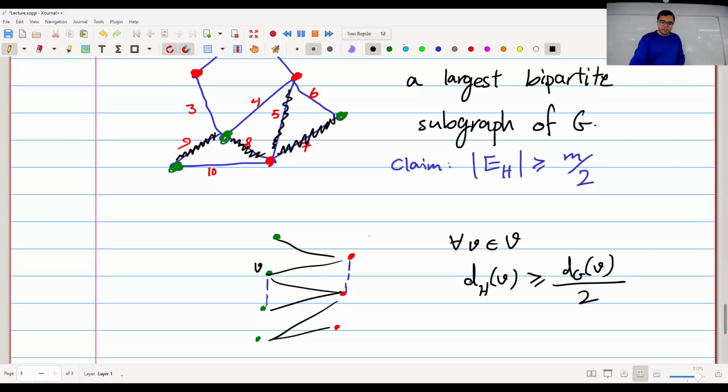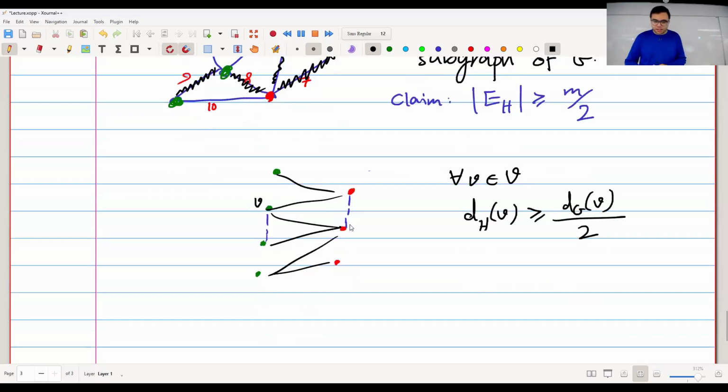Okay. Now, suppose this is not the case. So suppose, for example, I have a vertex V here, and its edges were like this. So it had degree 5 in the original graph, but now it has only degree 2 in this bipartite graph.